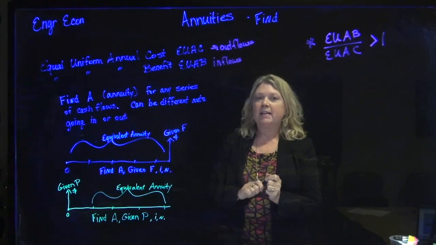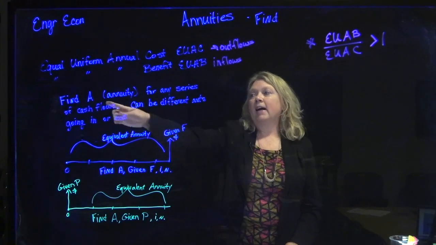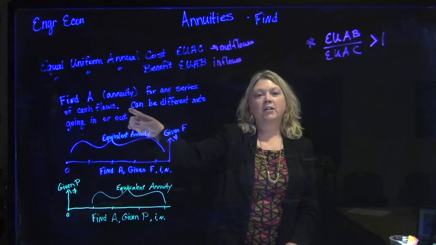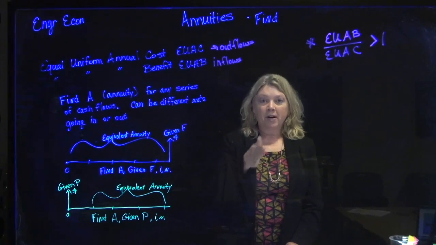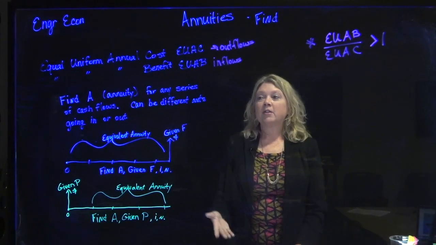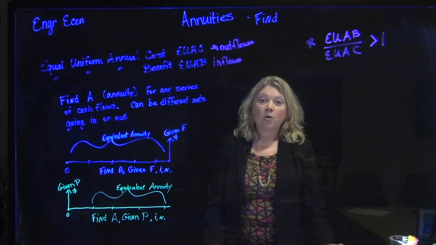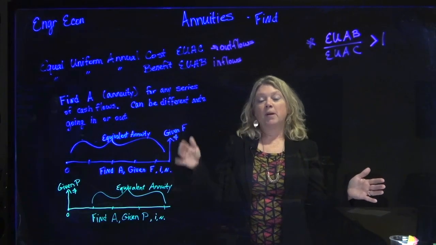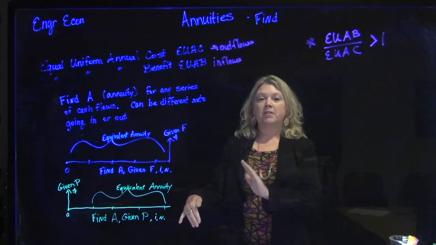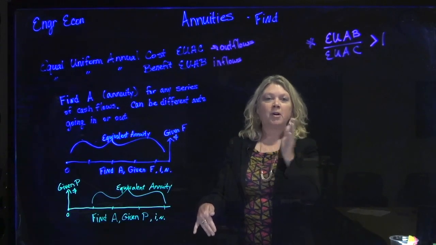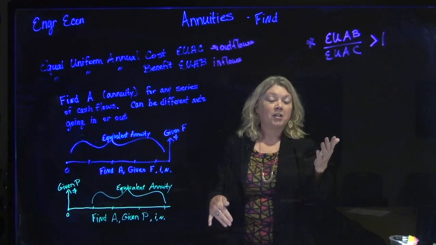So EUAC and EUAB are both finding the annuity for any series of cash flows. They can be different amounts each year. And it is cool because you're just trying to find the average annual cost or benefit of owning a machine. Maybe there's an initial cost. Maybe there's some cash inflows from contribution margin from running that asset or that machine for a while.